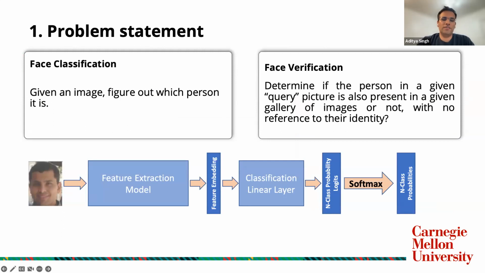And the other one is face verification, which is to determine if the person in a query picture is also present in a given gallery of images or not, with no reference to their identity. And if that sounds complicated, then hold on for 15 minutes and we'll get some more clarity about what that means. And feel free to ask any questions at any point in time.